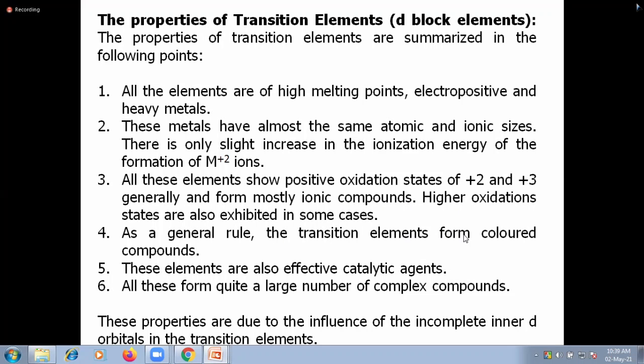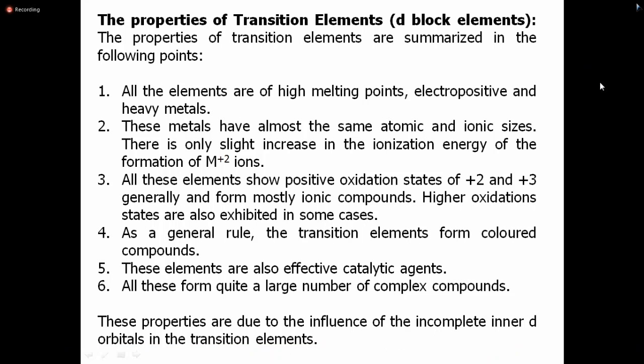Transition elements form colored compounds. There is a distinguished explanation on this one. Because the d orbital has degenerate orbitals. That's why the lights are different colors.